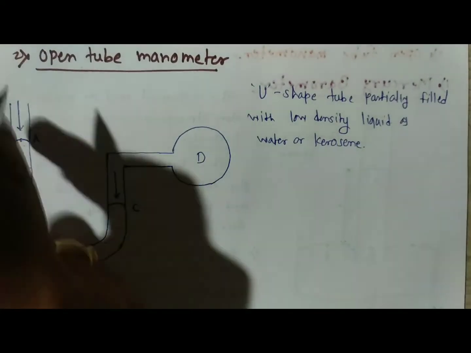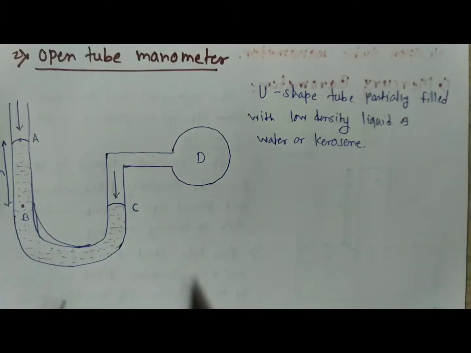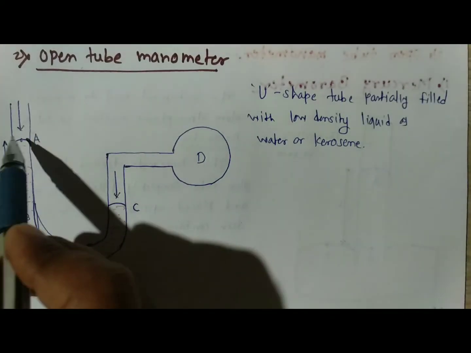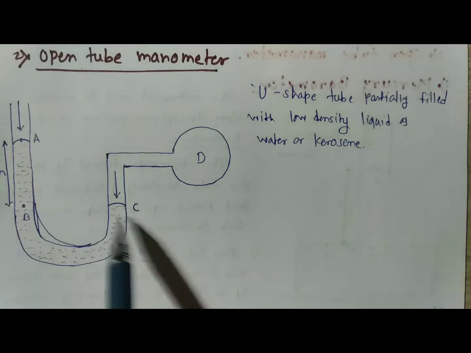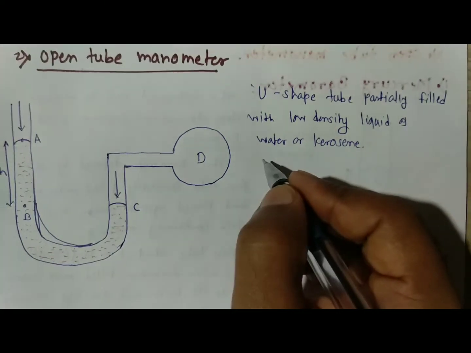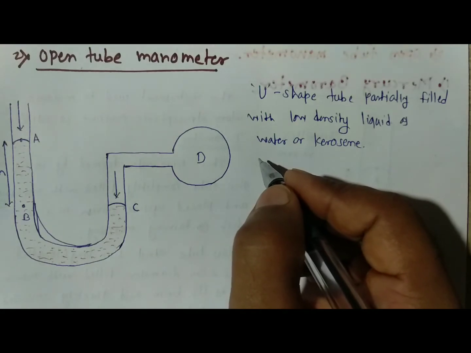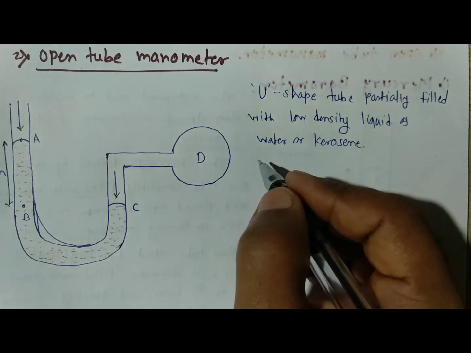This difference is formed due to the low liquid density, for water and kerosene.